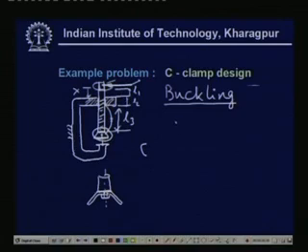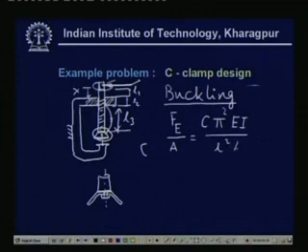Now, all of you know the critical load for buckling. The very simplified analysis of the buckling critical load is given by the Euler formula, and that is equal to C times pi square E I divided by L square A, which you can write as C times pi square E divided by (L by K) square.